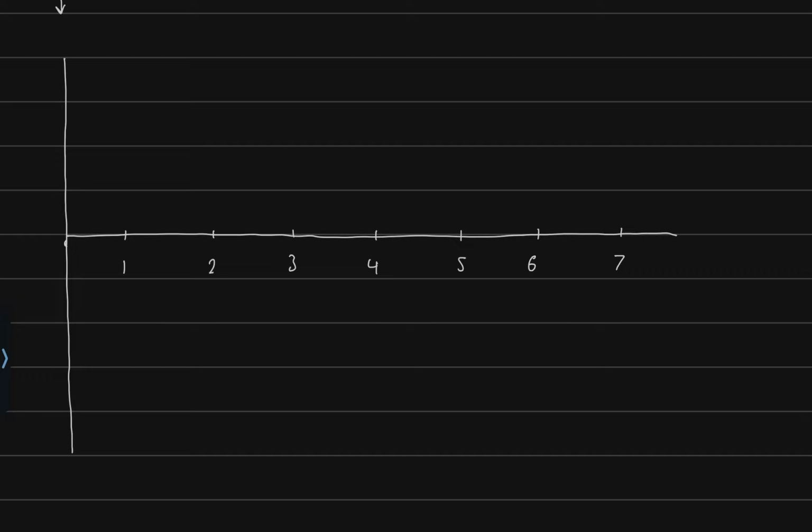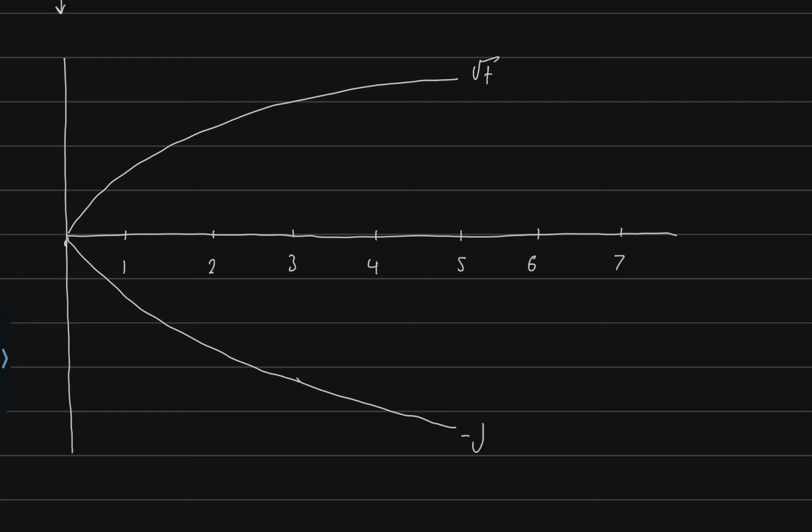So my 64% probability, or my singular standard deviation, is actually a function of time. And it's going to look something like this, where this is going to be square root t and negative square root t.